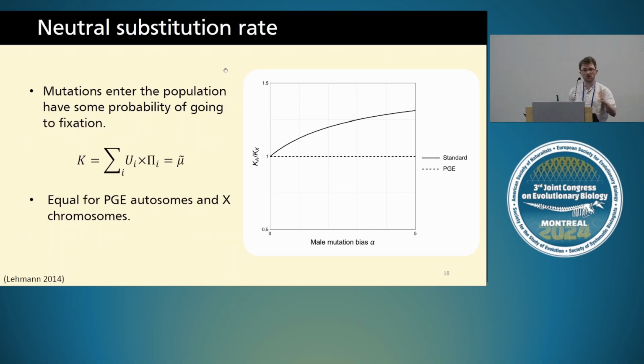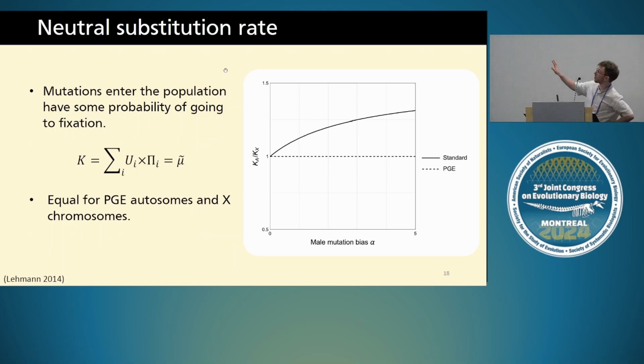When we sum across our different classes, the substitution rate we get is just given by the effective mutation rate, mu. As we explored earlier, the effective mutation rate will always be the same on our autosomes and our X chromosomes under our PGE systems. So regardless of any sex bias in the mutation rate, we'd always expect an equivalent neutral substitution rate on our autosomes as compared to our X chromosomes.